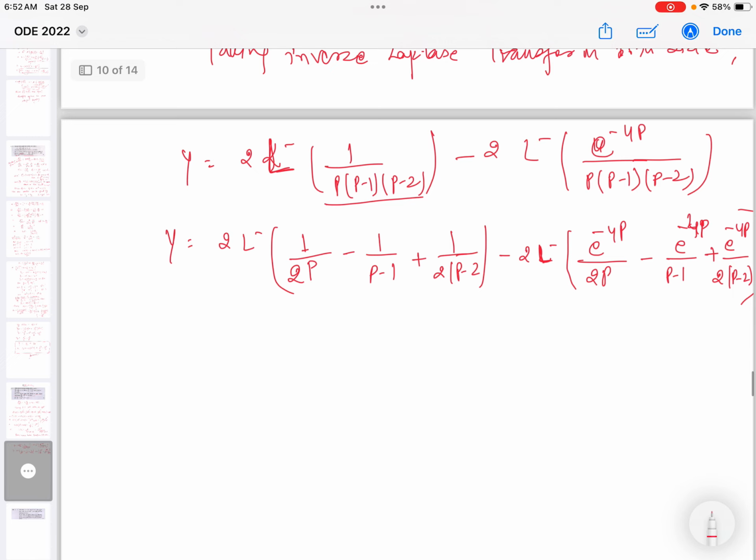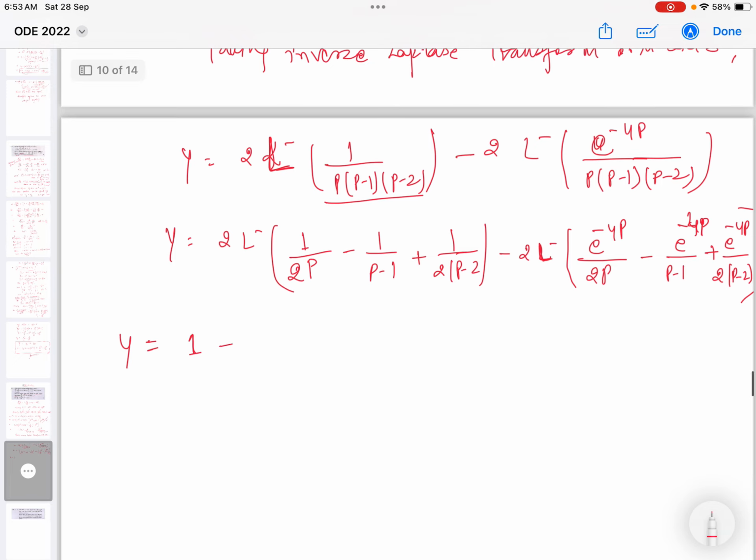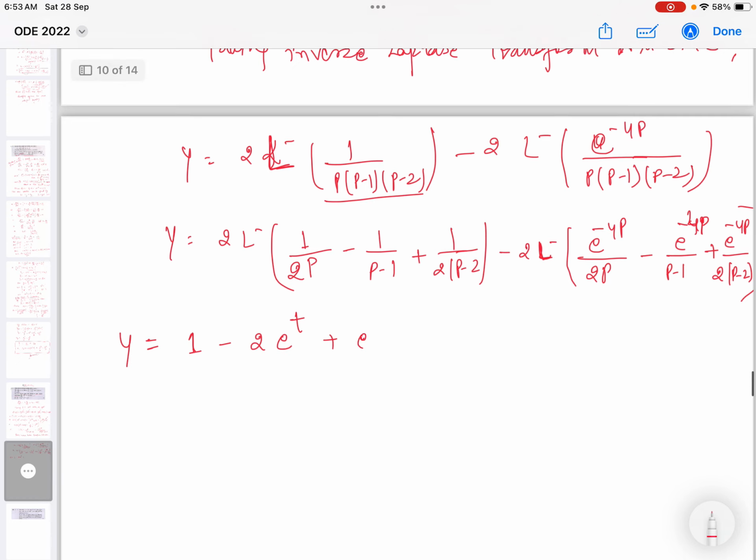Fine, what we do is just multiply it here. Then Laplace inverse of 1 by p becomes 1, and Laplace inverse of 1 by p minus 1 becomes e to the power t, then e to the power 2t.